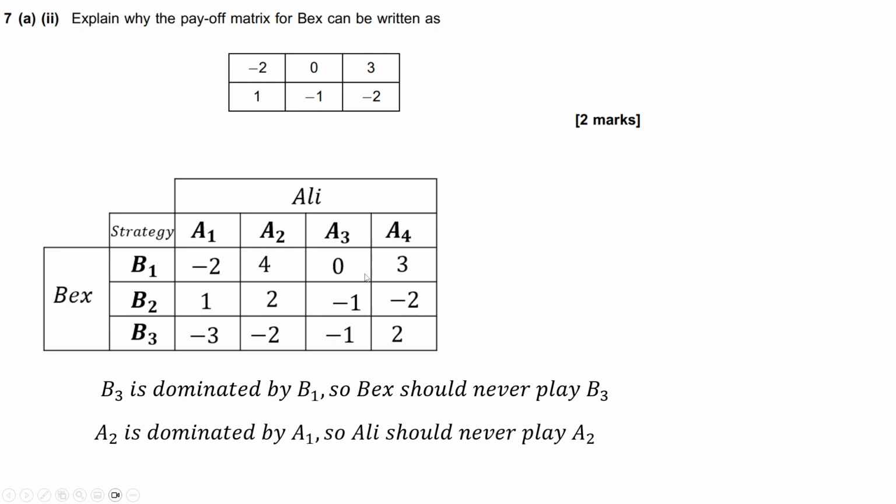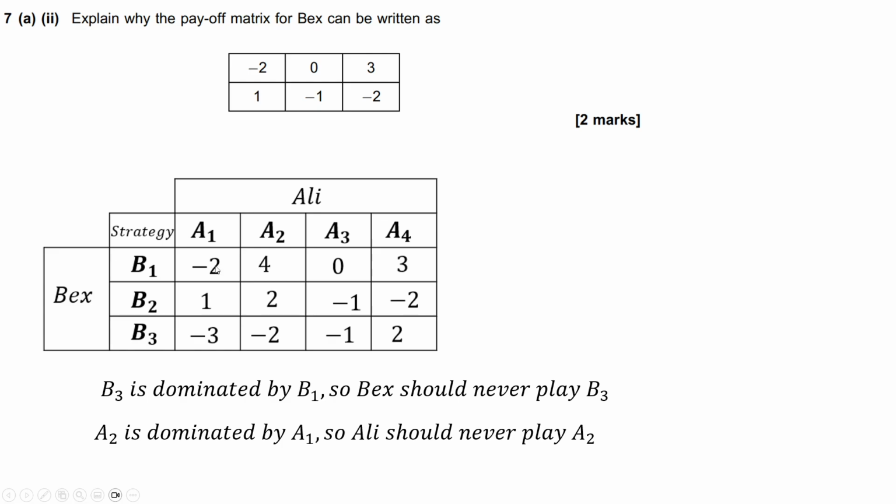But also, for Ali, because you notice they've only got 3 columns here, we've got 4. A2 is dominated by A1, right? Because in this case here, 4 is greater than -2. Sorry, no. I'm still thinking about it in terms of Bex. The reason why A1 is better than A2 is because this here is showing the payoff matrix for Bex, right?